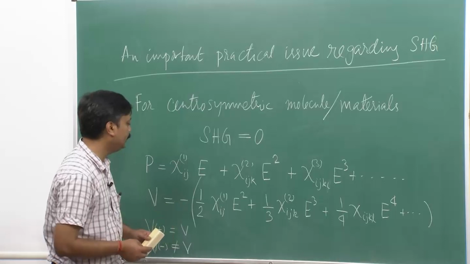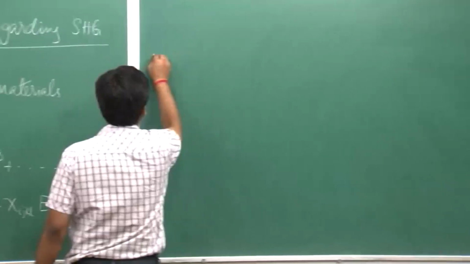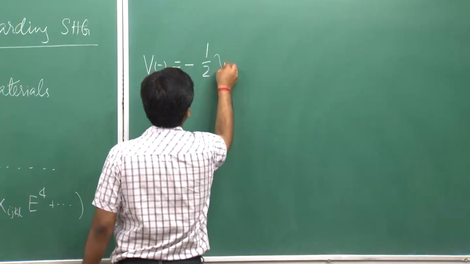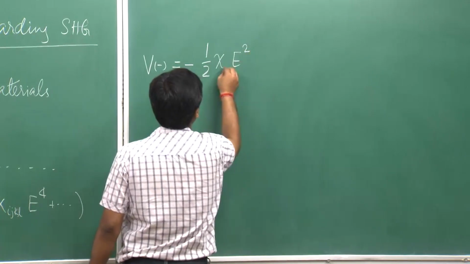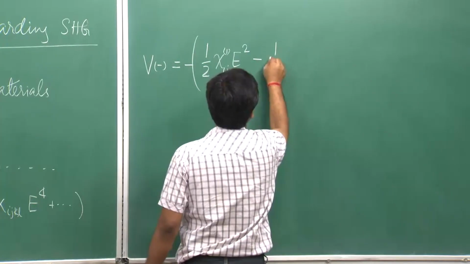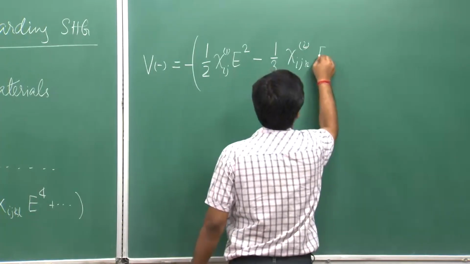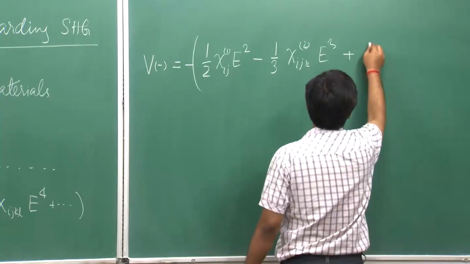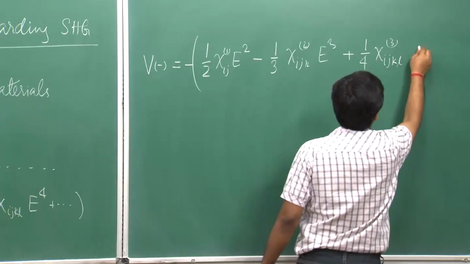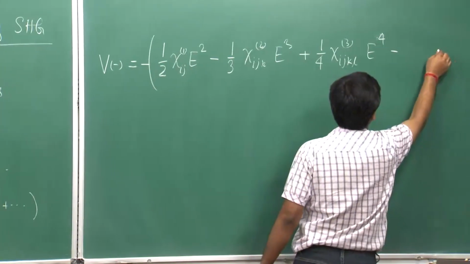If I write explicitly, V plus is exactly this and my V minus will be minus half chi E square, then minus 1/3 chi E cube, and again plus, again minus other quantities, and it will keep going.